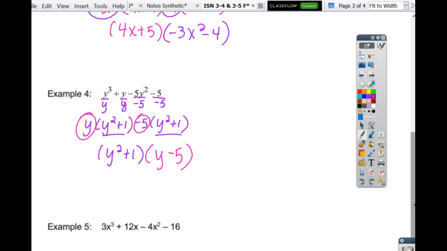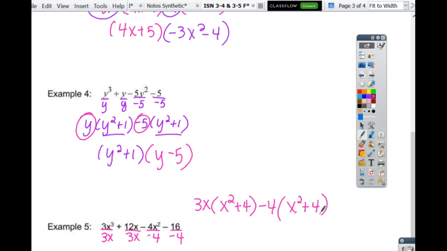Okay. So the next one, what's the greatest common factor here? So I'm going to get 3x times x squared plus 4. And then I'm going to divide by negative 4. And that's going to leave me x squared plus 4.